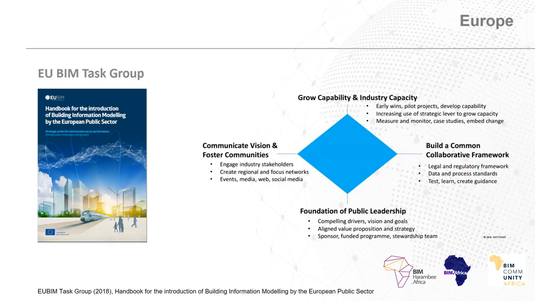From an EU perspective, several countries have initiated national BIM programs to promote BIM capability, which indicates a top-down approach. The EU Commission recently awarded the EU BIM Task Group funding to deliver a common European network aimed at aligning the use of building information modeling in public works.